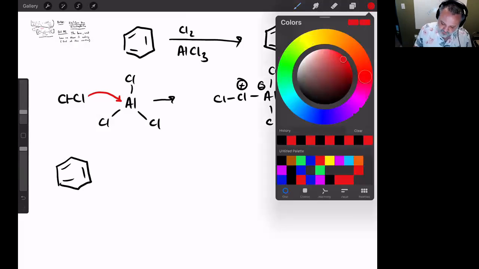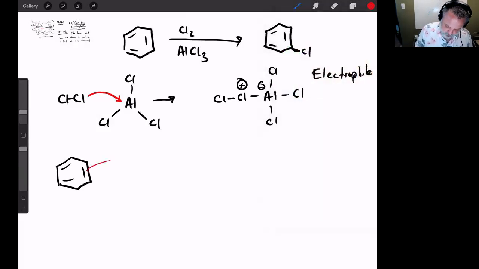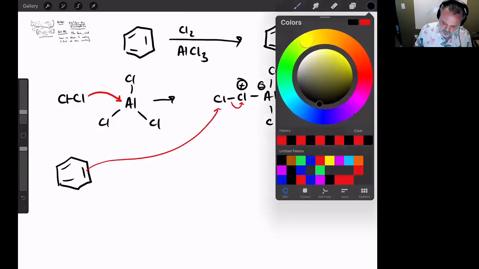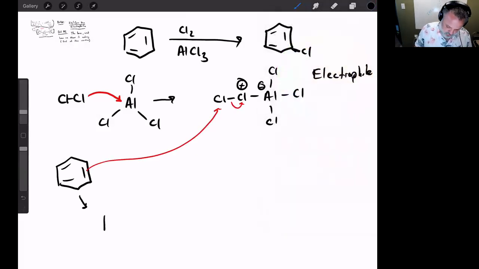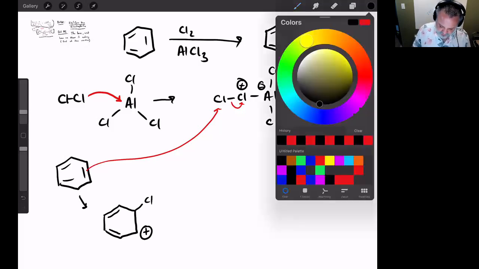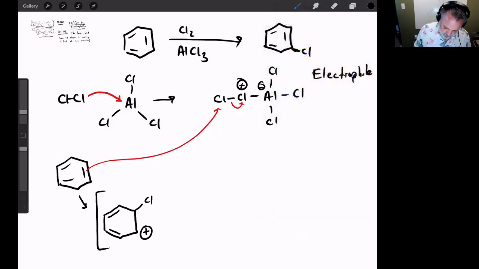And so the mechanism then starts with the formation of that sigma complex, and that starts out our resonance structures.